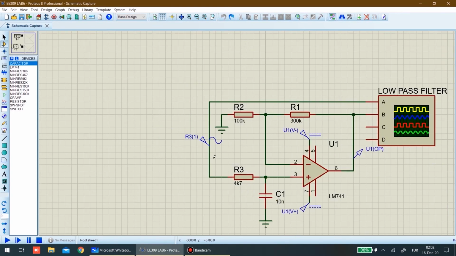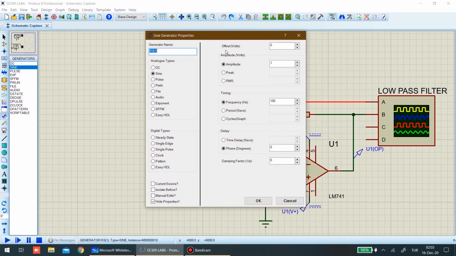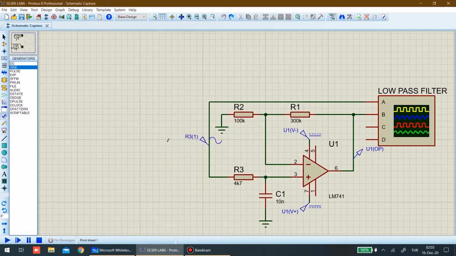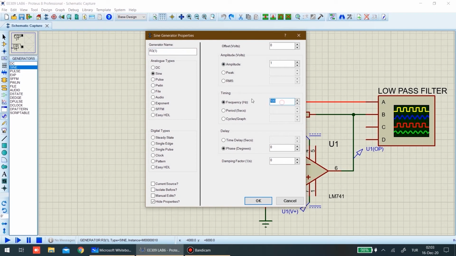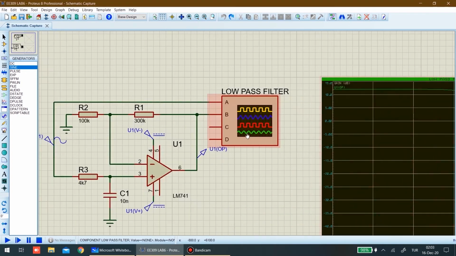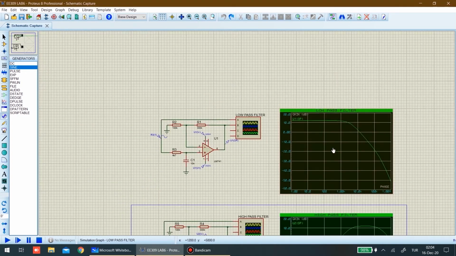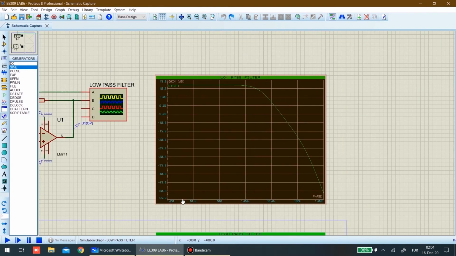And take a generator as sine, because we will test our circuits using the sine wave. The frequency at this moment and the amplitude is not important because we will plot the gain versus frequency graph, which is our Bode plot.